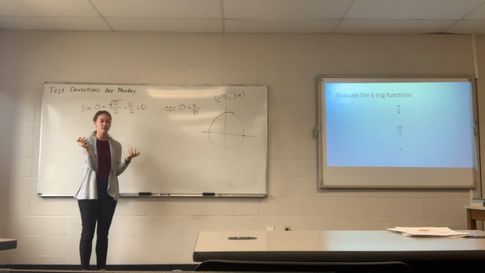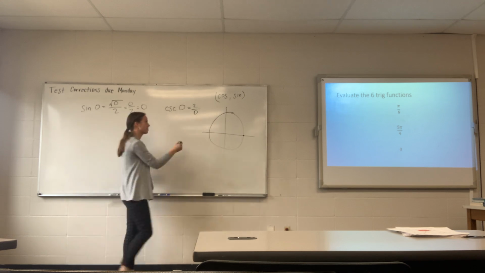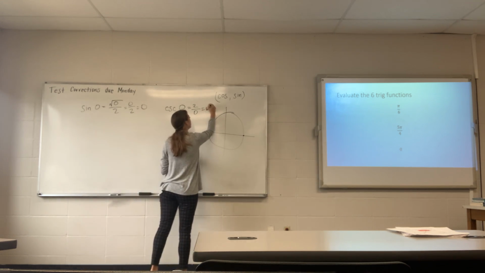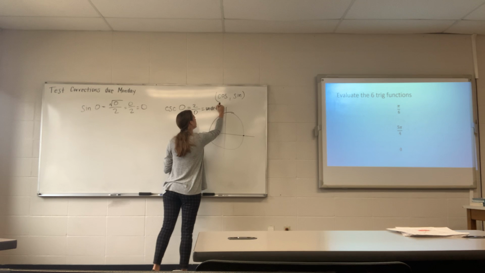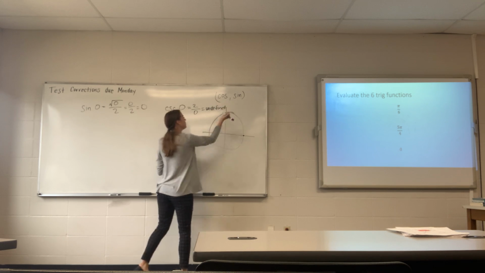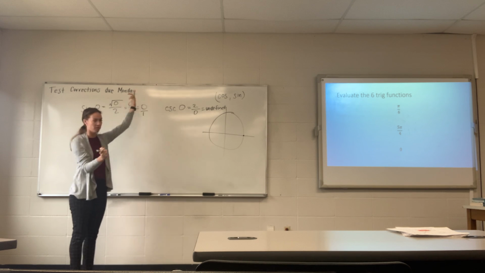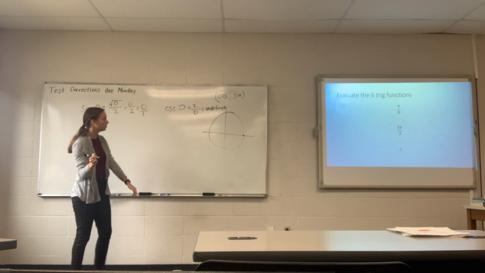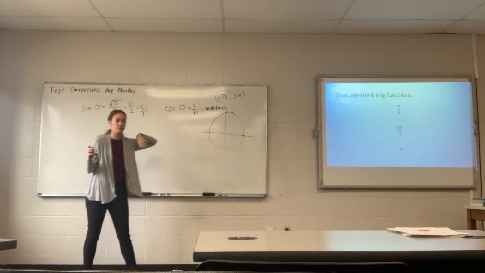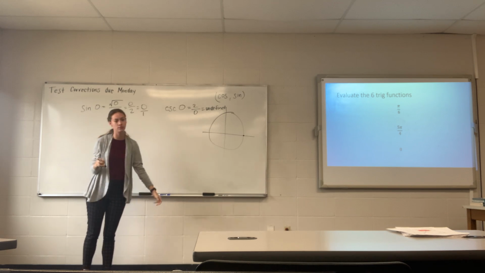Can I divide by 0? No, so this one is going to be undefined. Or if you were thinking of this as 0 over 1, when I flip that, that'd be 1 over 0, and anything divided by 0 is undefined. So our cosecant at 0 is going to be undefined.